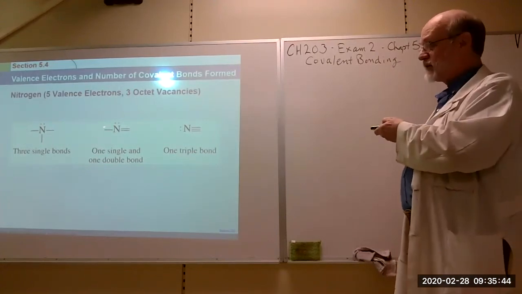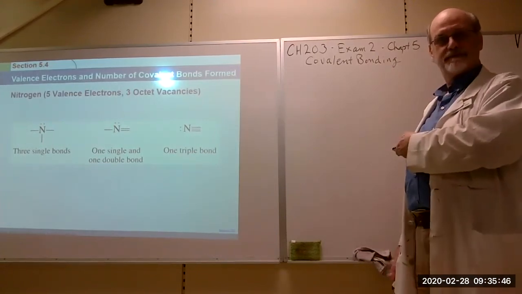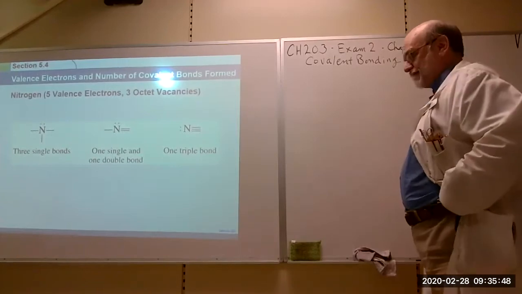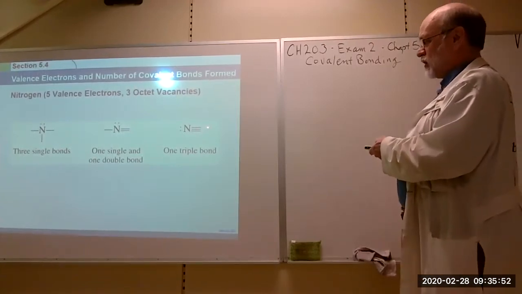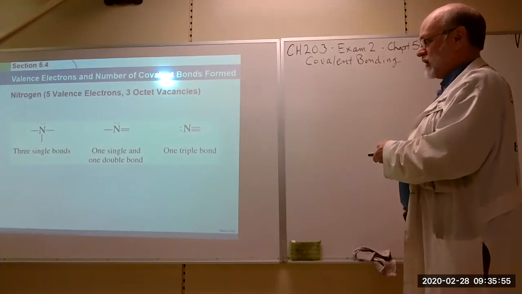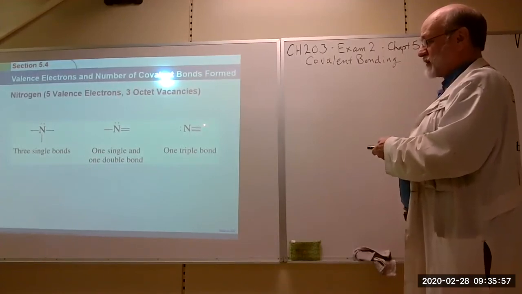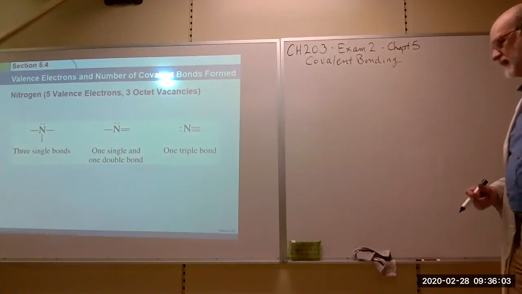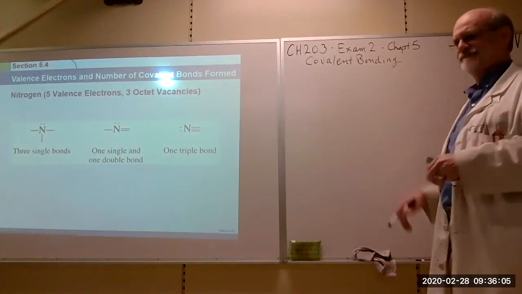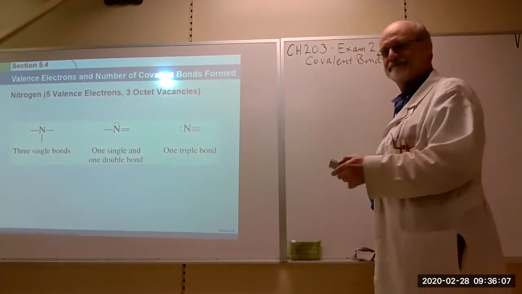And then you could stick a hydrogen out here. Okay? Or you could put another nitrogen over here. Or in some cases, you can put, well, let's not go there. That would muddy the waters. Let's keep it simple for now.